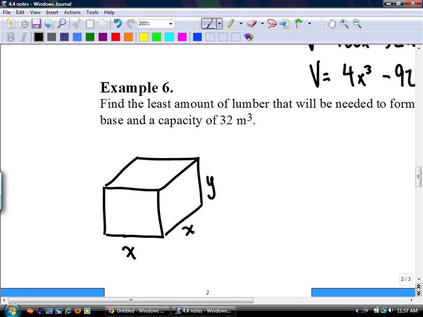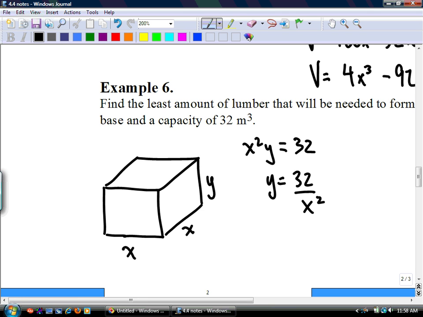So you can make a formula for the volume. X squared y equals 32 cubic meters. Solve for the easiest variable. Y equals 32 over x squared.